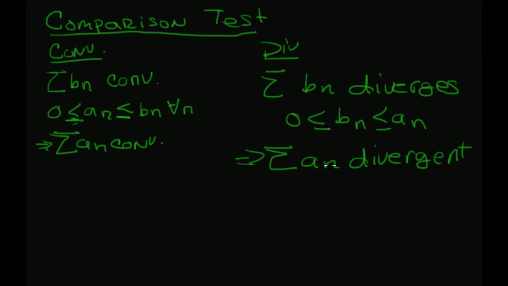So let's give an example of how this gets used and how it gets us many more series that we can determine the convergence or divergence of. Okay, so we're going to test the convergence of a particular series, namely the sum from n equals 1 to infinity of 5 over 2n squared plus 4n plus 3.